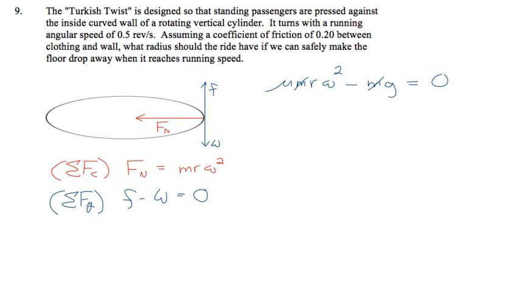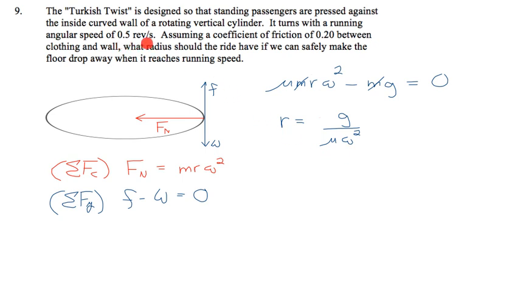So I'm going to get r is going to equal g divided by mu omega squared. And now I know everything I need to solve. Now, we already have the g, because that's a constant, and we know the mu because it was given as 0.20. So I need to get the omega, and that has to be in radians per second.